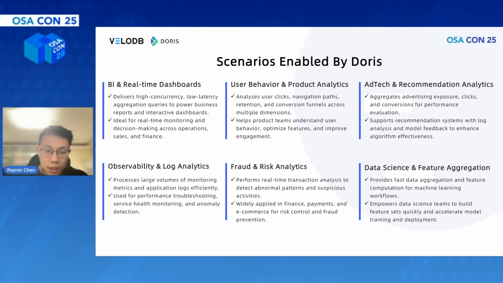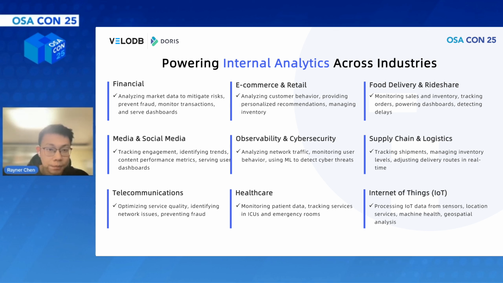And in finance, there is fraud and risk analytics, performing real-time transaction analytics and detecting suspicious activities. And finally, data science and feature aggregation, providing fast feature computation for machine learning workflows and accelerating model development.